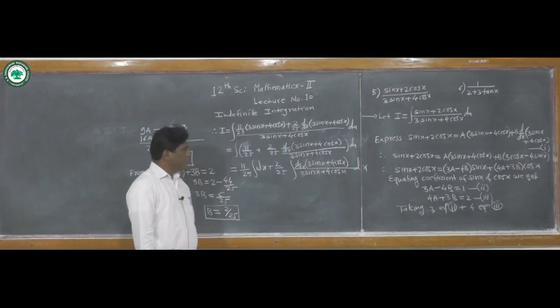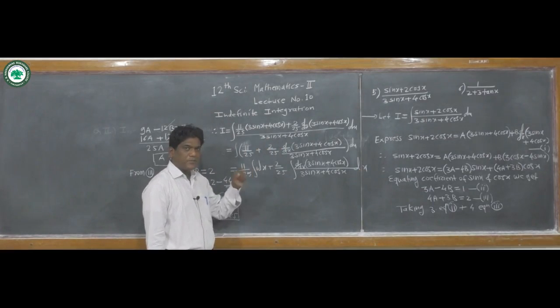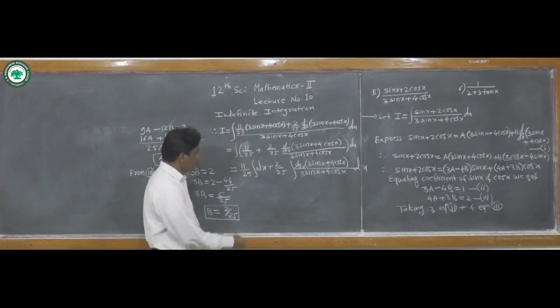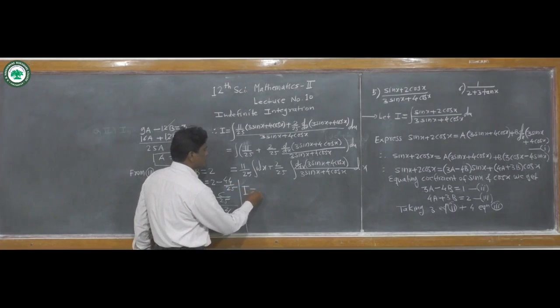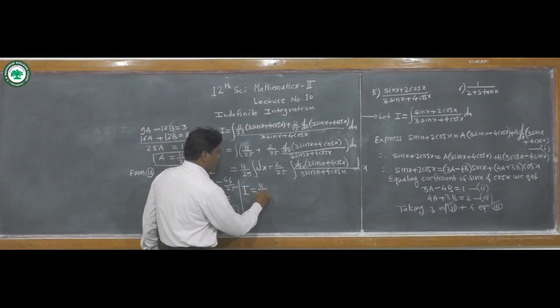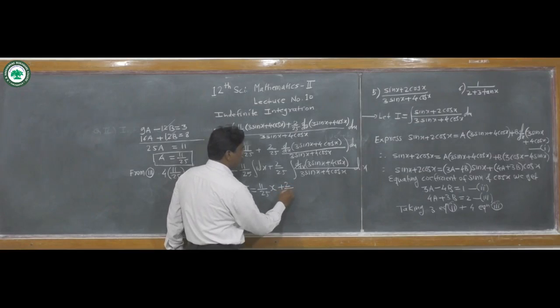Now observe here, the first part is integration of 1 dx, 1 is the derivative of x, so integration of 1 dx is x. So here I is equal to 11 upon 25 into x plus 2 upon 25 as it is.